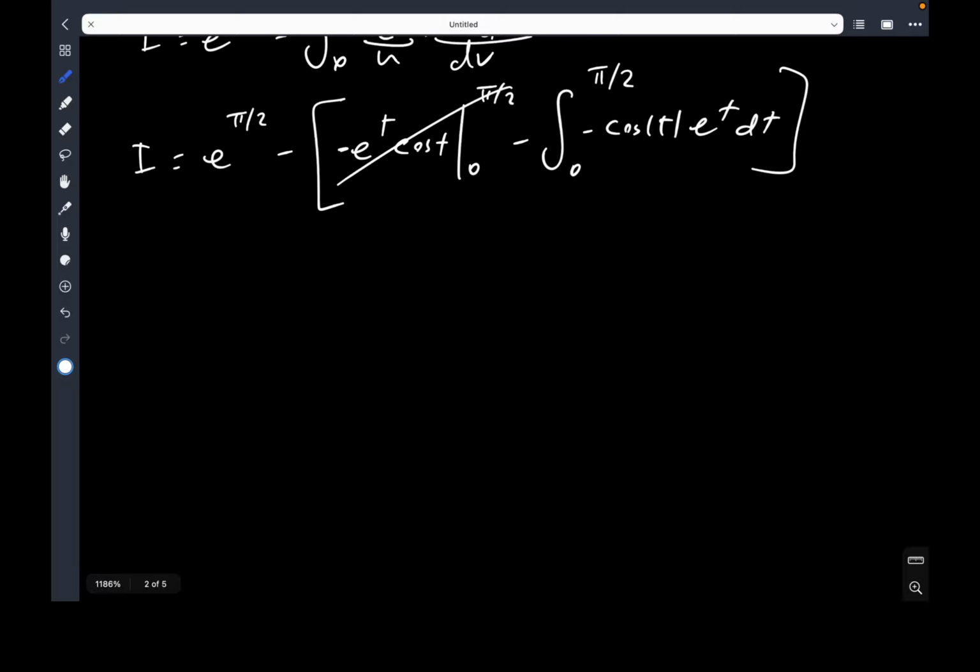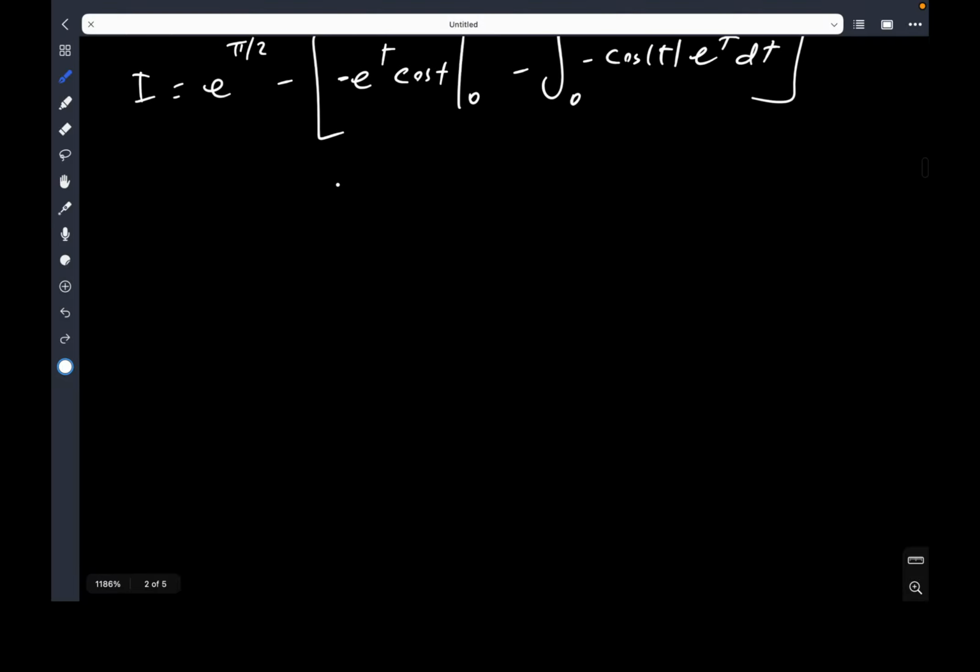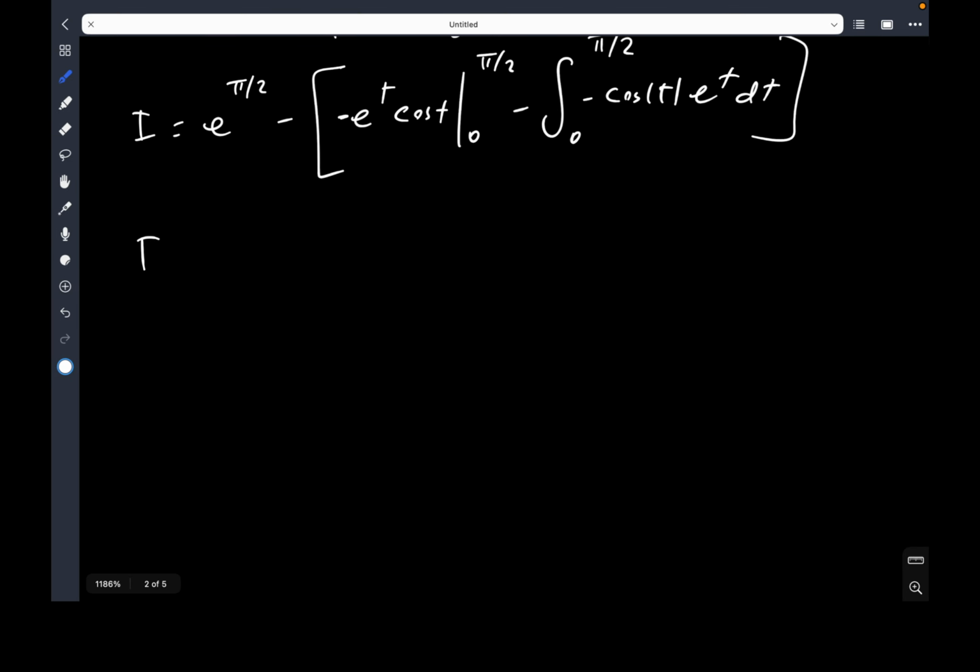And this limit, if you calculate it, is going to be e to the pi over 2 minus 1, plus the integral from 0 to pi over 2 of e to the t cosine t dt.